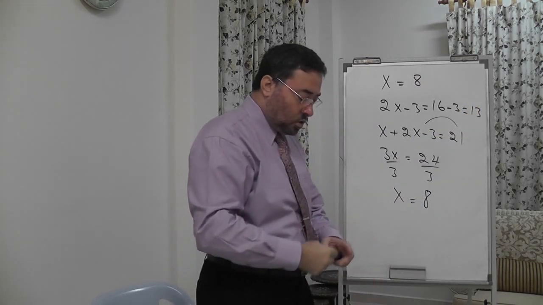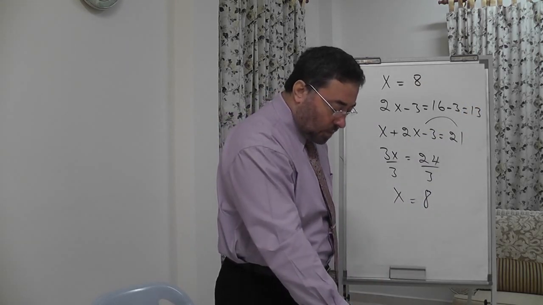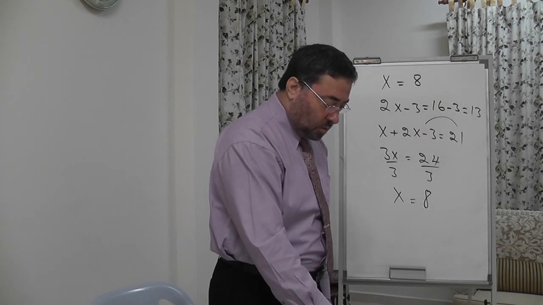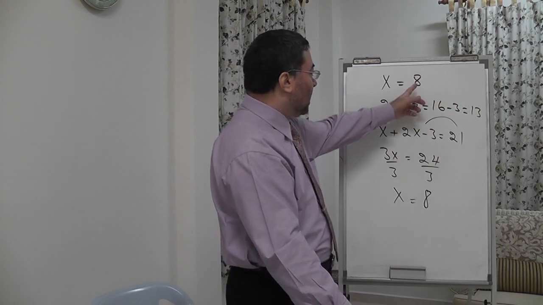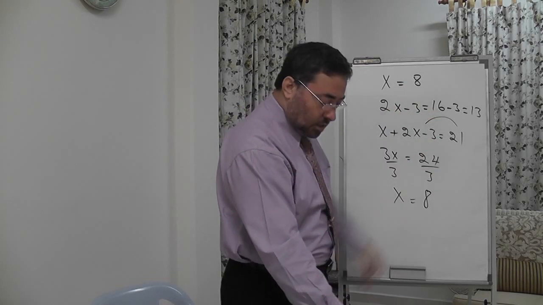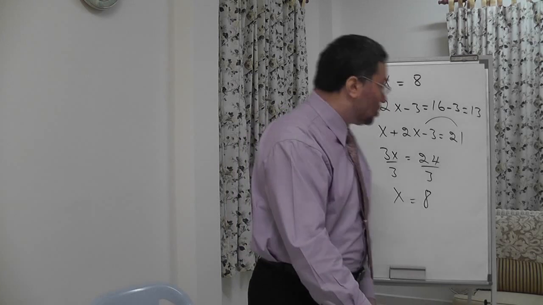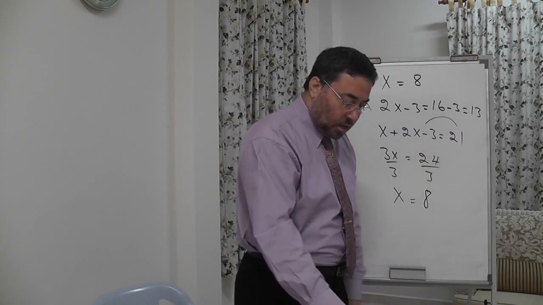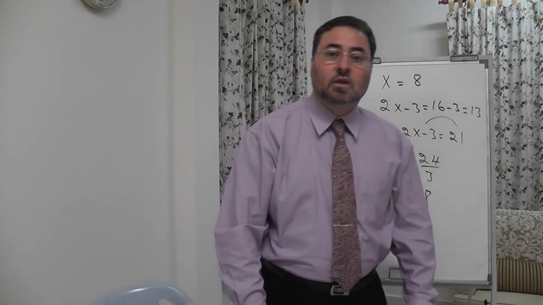We can check our work by adding them. That should be 21. And then if we multiply this by 2 and subtract 3 from it, we should get the age of Joe, which is 13.